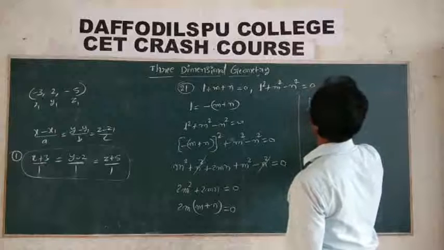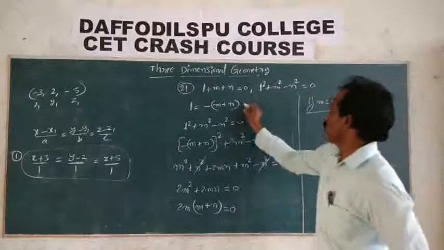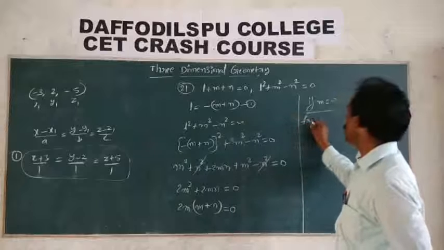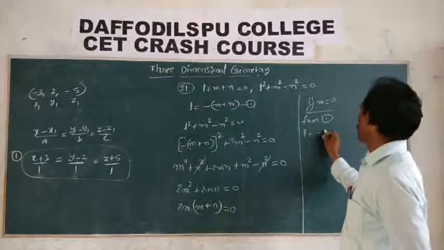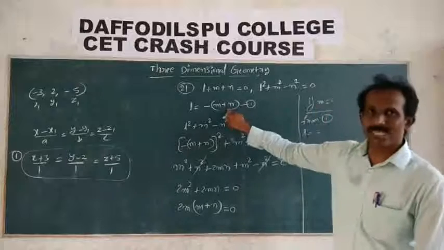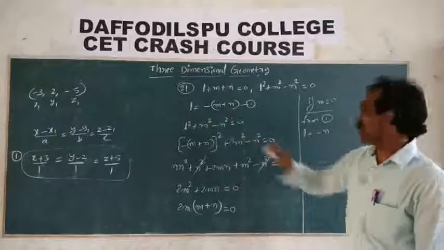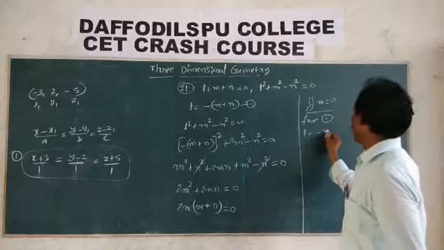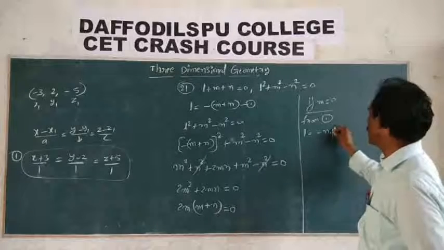If m is equal to 0, from this, from 1, L is equal to 0 plus n. So that implies minus n. Minus of 0 plus n, so minus n. Okay. Here n is multiple of 1. There is no value that is multiple of 1.